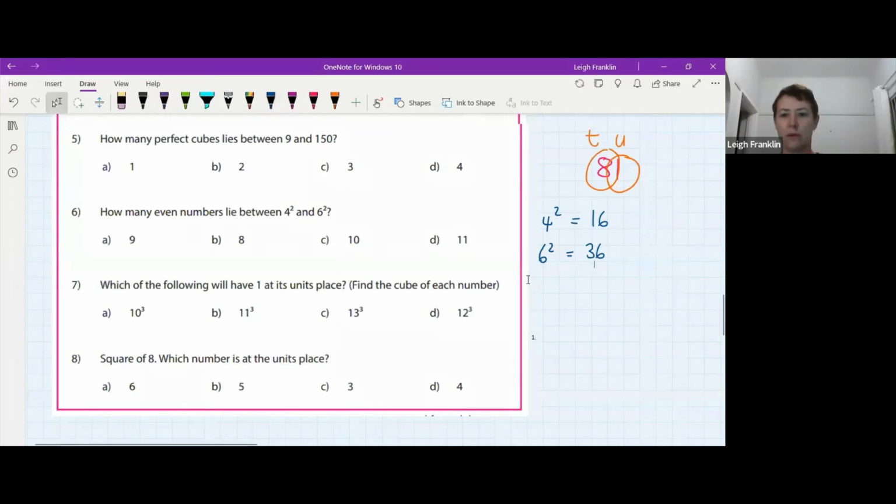Ma'am, for number 6, we must count until 36? Yes, but you're not allowed to include 36. Oh, yes, ma'am, because it says between. When they use the word between in maths, they mean that the ones they've given you are not included. Yes, ma'am.